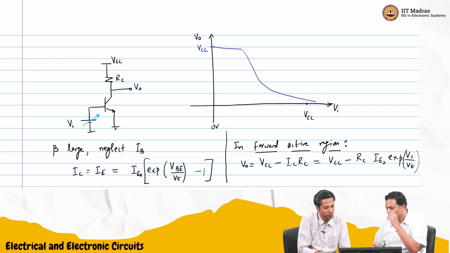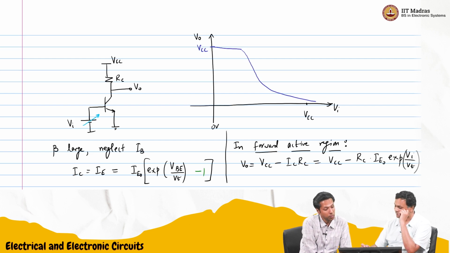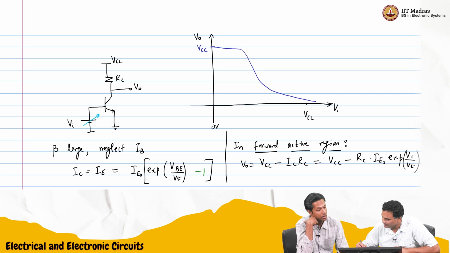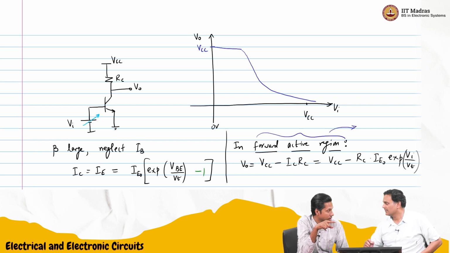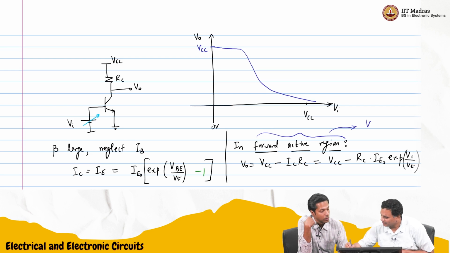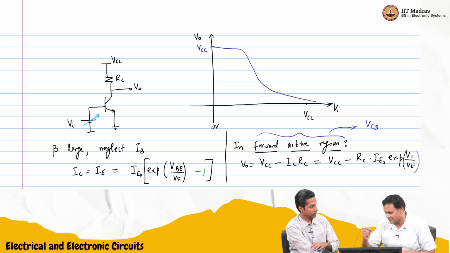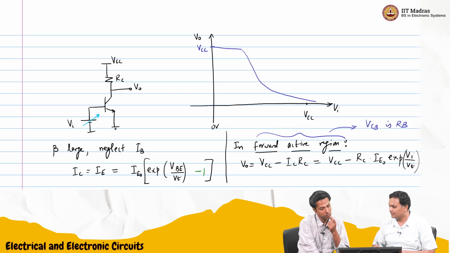Most likely, this is valid only in the forward active region. So that means VB or Vi should not cross VCC minus ICRC. We said the collector base junction is reverse biased.